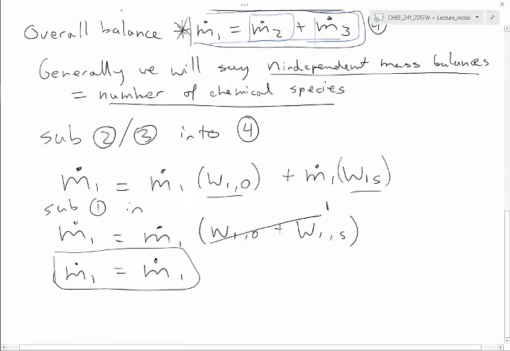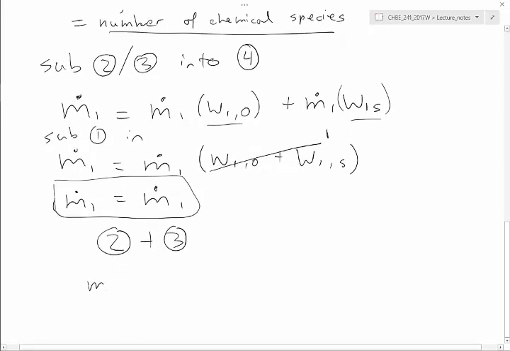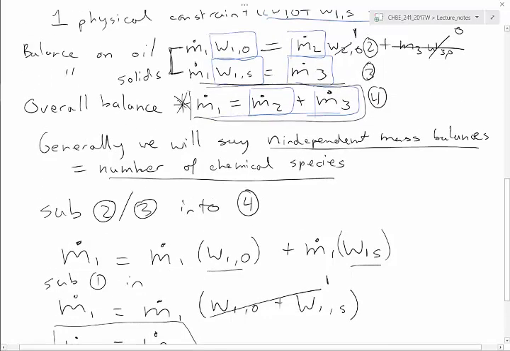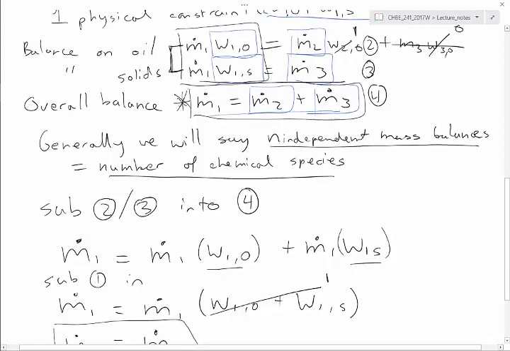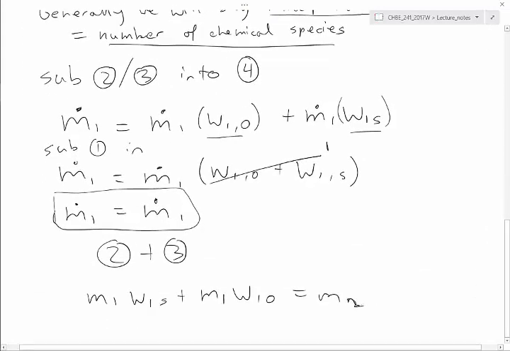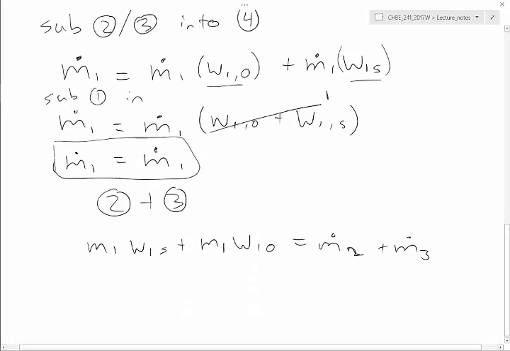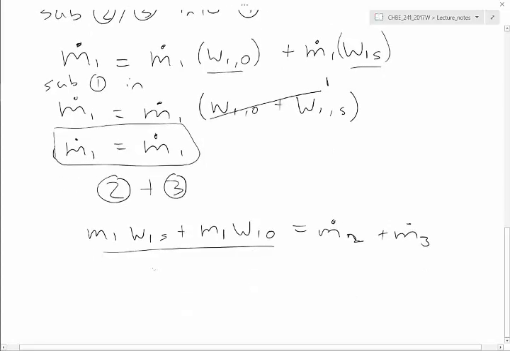So for example, if I said 2 plus 3, if I add those two equations together, I get M1 W1 solids plus M1 W1 oil, equaling M2 plus M3. And then this I know will reduce down to M1 equaling M2 plus M3. So by a linear combination of these two, I can get equation number 4.